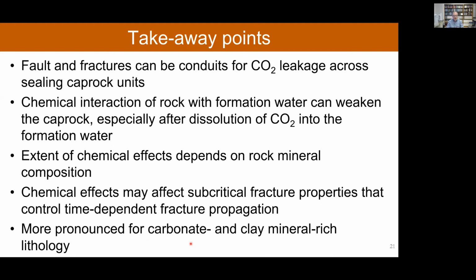Chemical effects of the dissolved CO2 in the brine, and that brine interacting with the caprock. The extent of those chemical reactions depends on the rock mineral composition, so it's specific. I should also mention it could also be specific to the reservoir mineral composition. The buffering capacity in the reservoir would depend on, for instance, the amount of calcite in it.